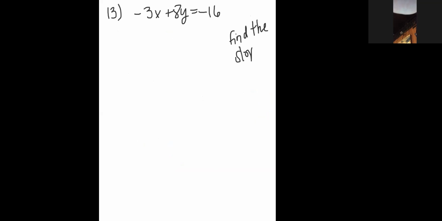Okay, number 13. We've got negative 3x plus 8y equals negative 16. And what this one wants you to do is find the slope.